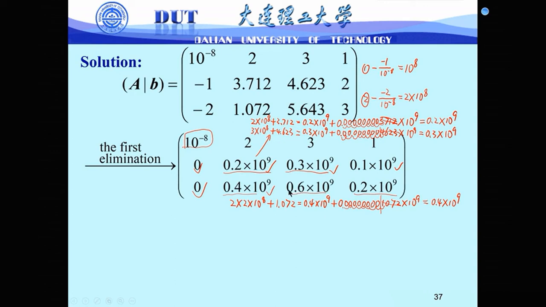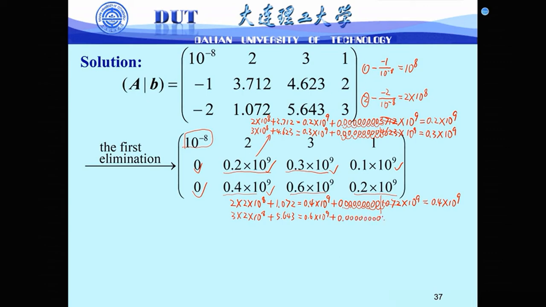We can obtain this number. Actually, it is just 3 multiply the multiplier, that means 2 multiply 10 to 8. And plus this number 5.643. Okay, again. So 3 multiply 2 is 6. So 0.6 multiply 10 to 9 plus 0.1, 2, 3, 4, 5, 6, 7, 8.